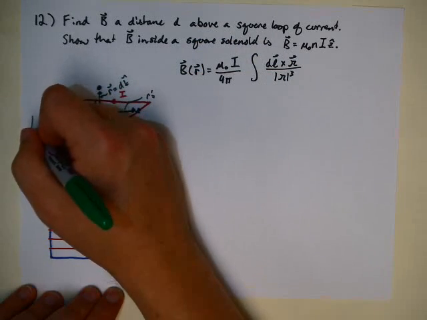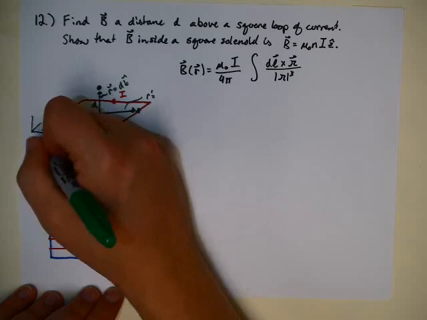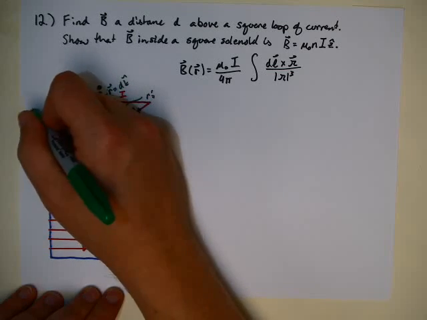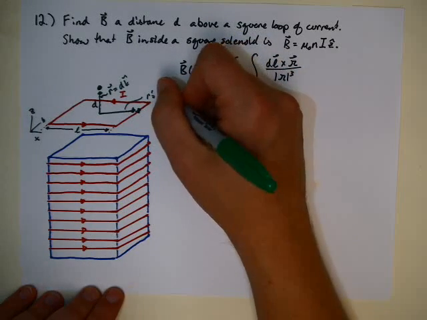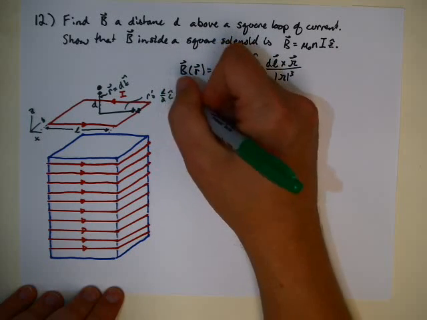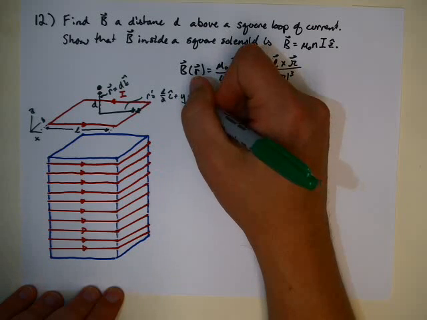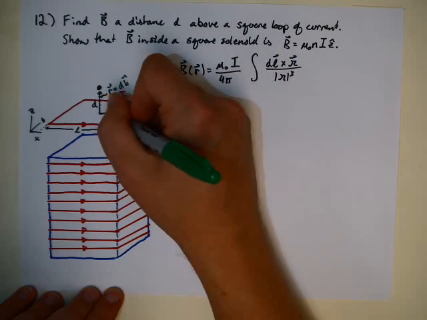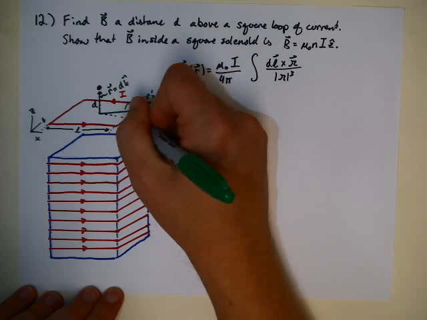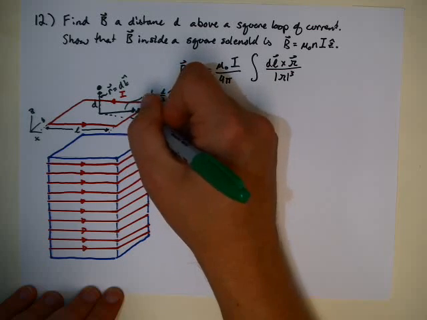So if we make a typical x, y, z coordinate system, in the x direction, it's L over 2 i hat plus y j hat. And here I'm defining this distance as y.